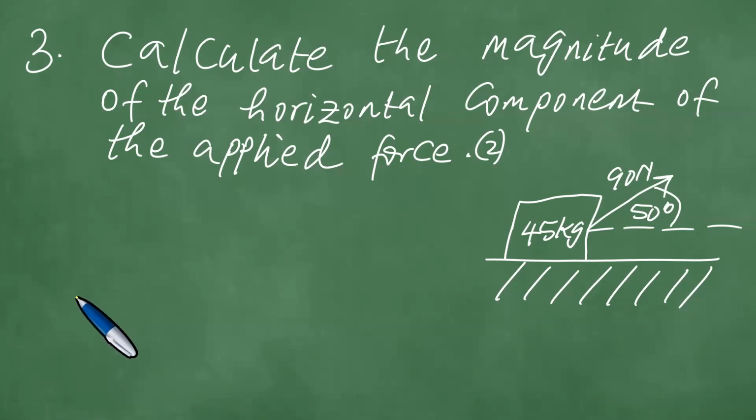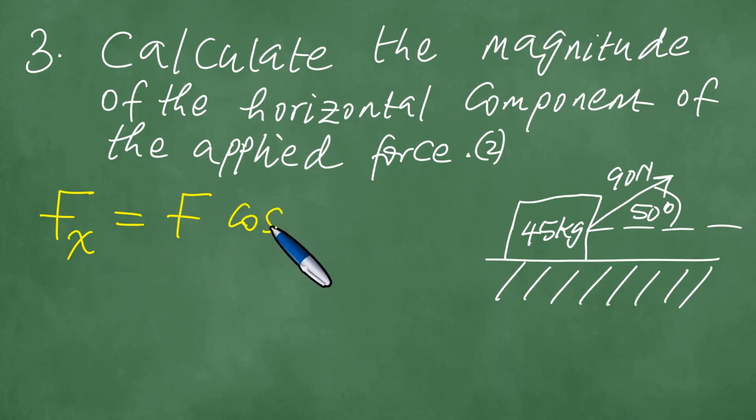Looking at part 3, we want to calculate the magnitude of the horizontal component. We have learned that the horizontal component has its formula as F subscript x equals F cosine theta. This is the formula for the horizontal component of a force.